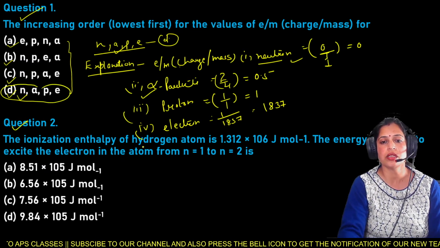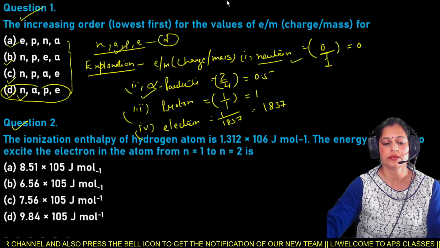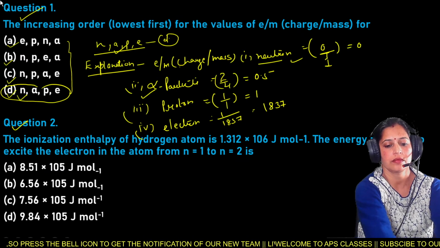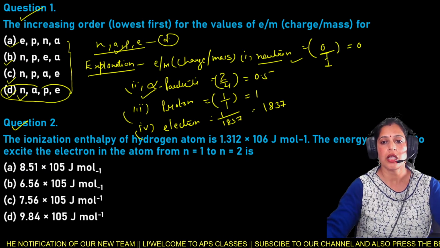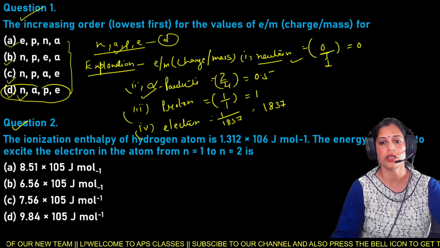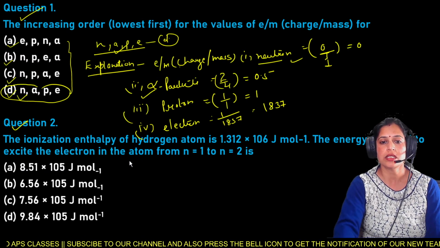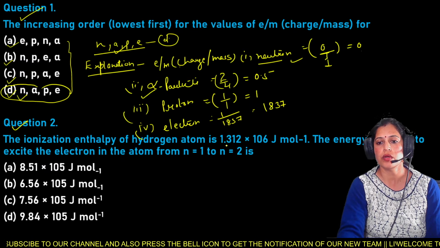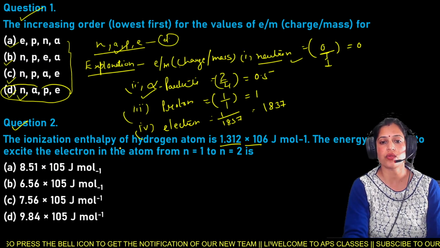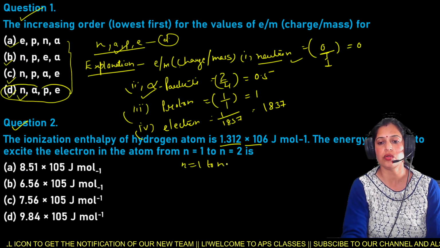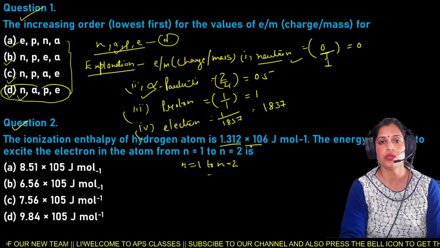Next is your question number 2. The ionization enthalpy of the hydrogen atom is 1.312 into 10 raised to power 6 joule mole inverse.